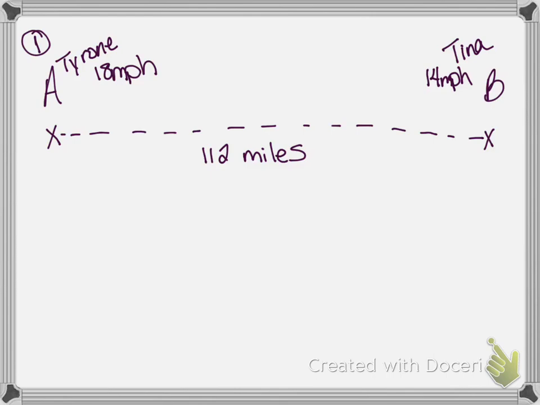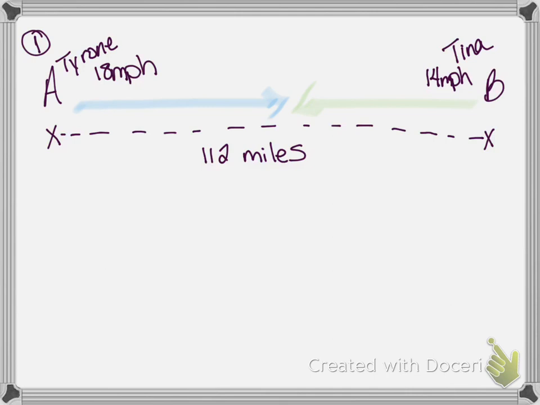So basically what we want to know is how long does it take until they have met each other? So Tyrone is moving this direction and Tina is moving this direction. Tyrone is traveling a little bit faster than Tina, so he will travel a little bit further than Tina does.